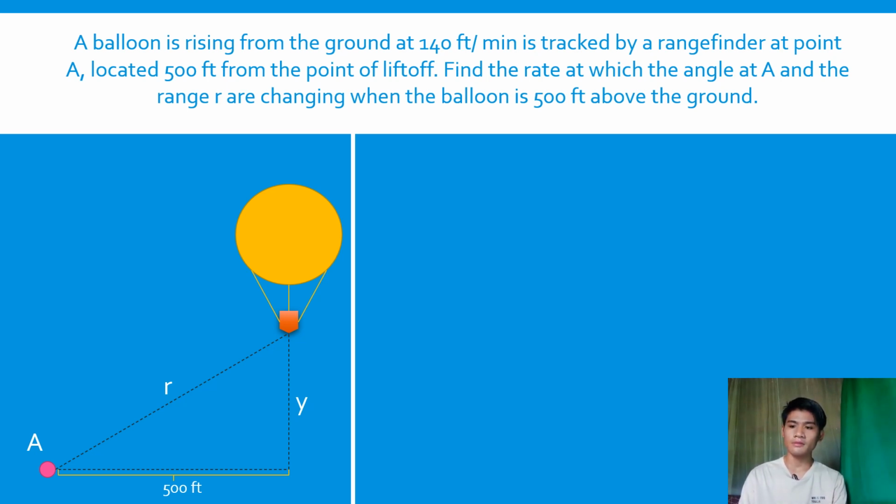Since we have this illustration, we are now able to solve. We denote the angle formed as theta, and we first solve for its rate of change.